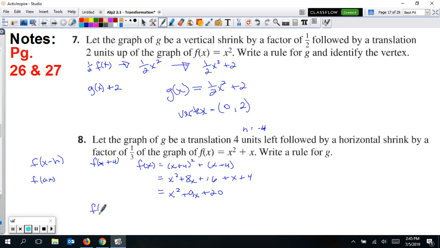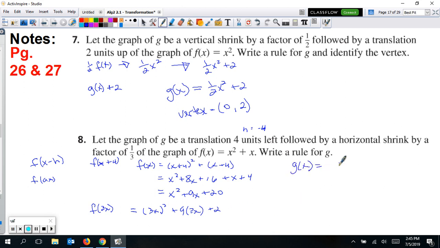So it's going to become 3 times x. That's what we now need to put in for the x. So we start off with x squared, so instead of x, we put 3x squared plus 9 times x, but instead of x, we put 3x, and it's plus 20.